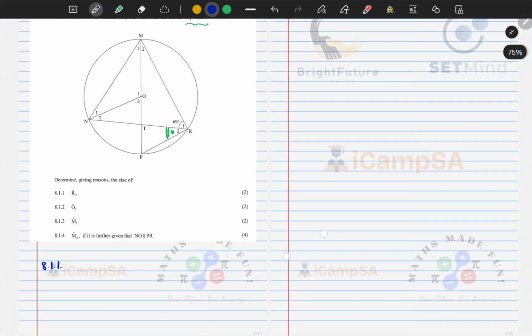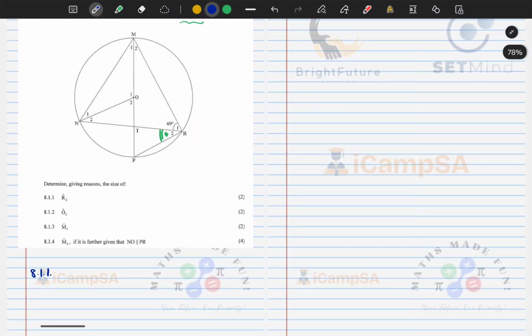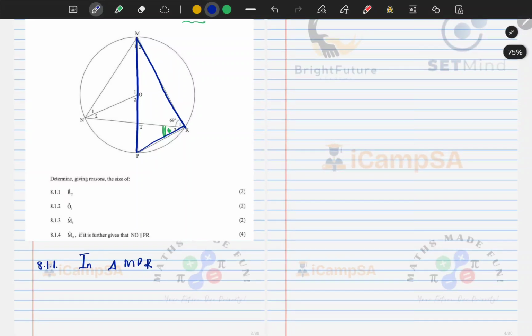In order to find the size of R2, I am going to look at triangle MPR. This is the triangle that I'm going to look at. In triangle MPR, I was told that MP is a diameter.